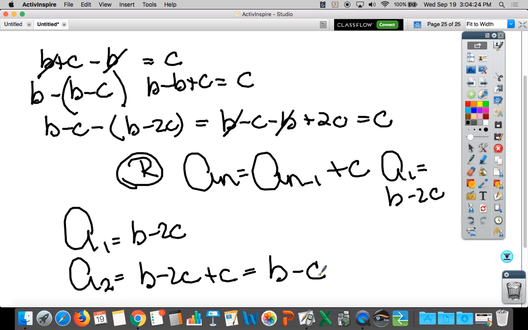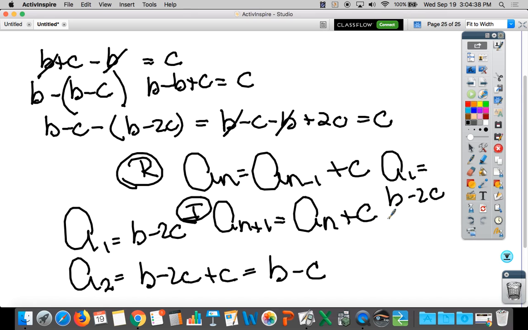Too many letters, right? So this is my recursive, my inductive, keeping the A sub 1 the same.